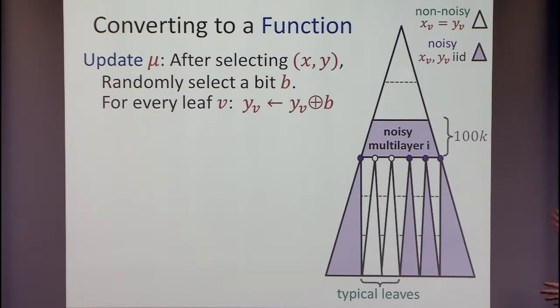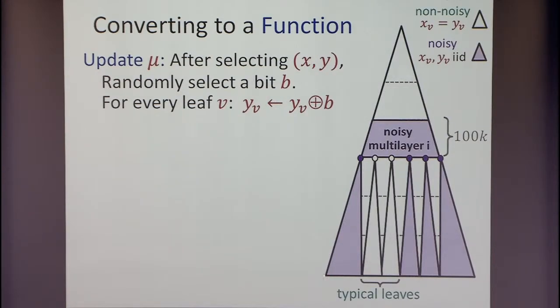Again, you construct x and y as before, but now you have this special bit b. You give x to Alice, exactly as before, but before giving y to Bob, you add this b to every y_v.